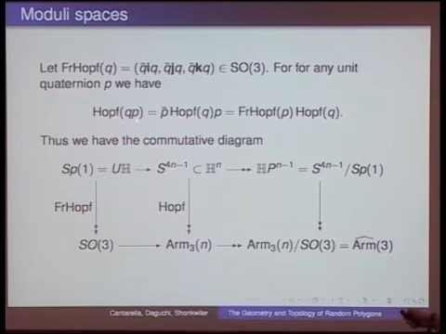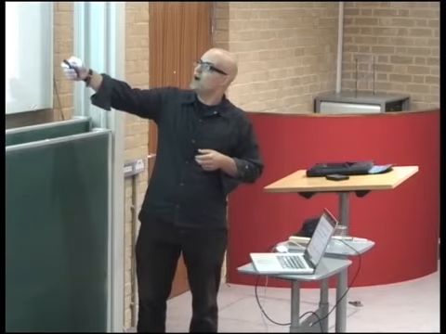So if I multiply on the right by a unit quaternion p, that's the same thing as rotating the Hopf image of Q by the SO3 element framed Hopf applied to P.